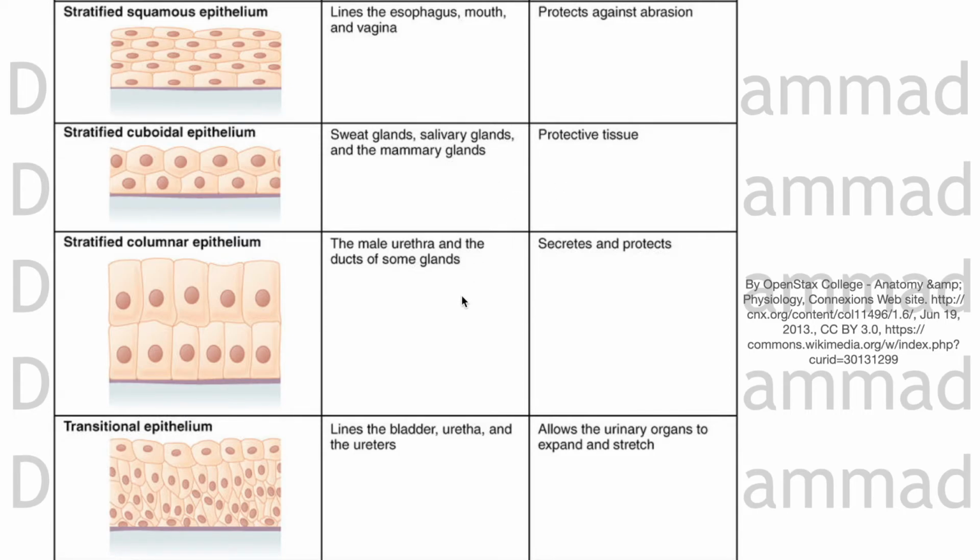Stratified columnar epithelium is found in the male urethra and ducts of some glands, and also secretes and protects the organ. Transitional epithelium is almost exclusive to the urinary tract, so you will find it in the bladder, the urethra, and ureters. It allows the urinary organs to expand and stretch.